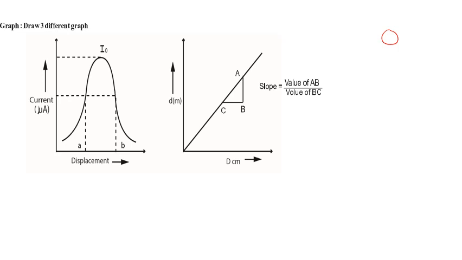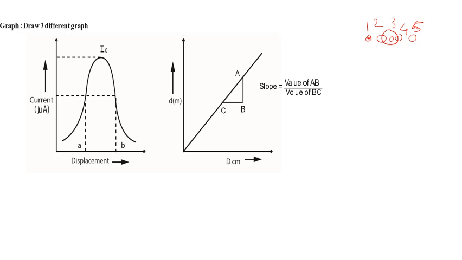If my laser source is at this point, let's say this is point number 1, this is point number 2, this is point number 3, this is point number 4, and this is point number 5. So I will move my laser from the left hand side, from 1, 2, 3, 4 to 5, and in this way I will move my laser source.